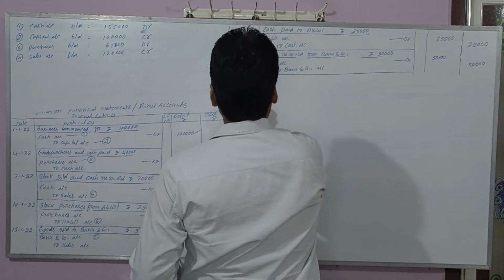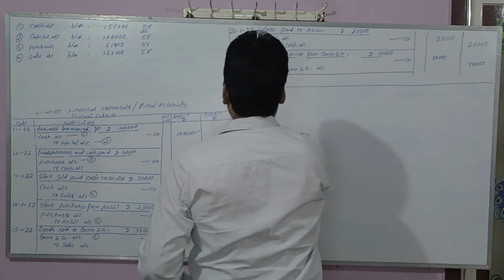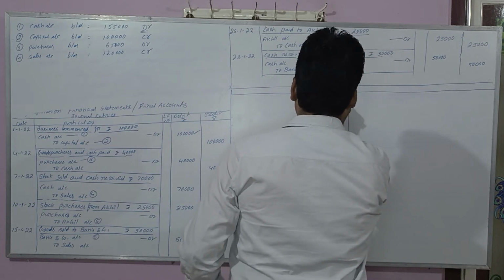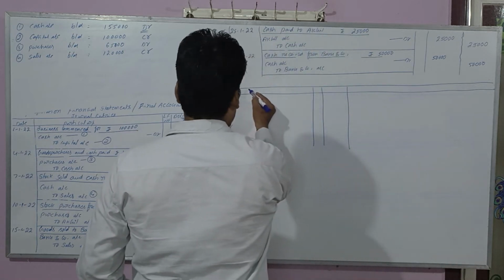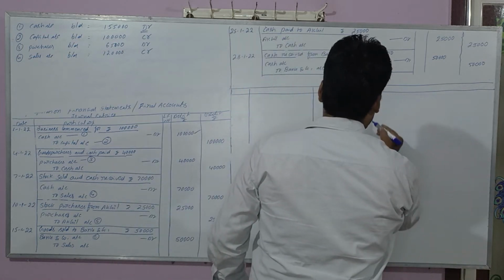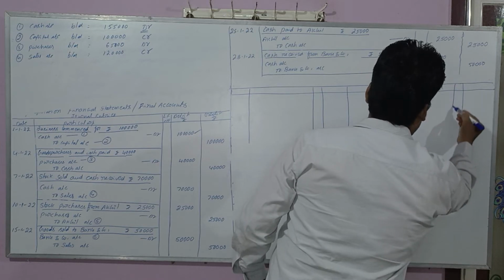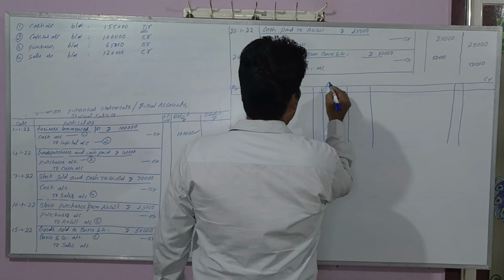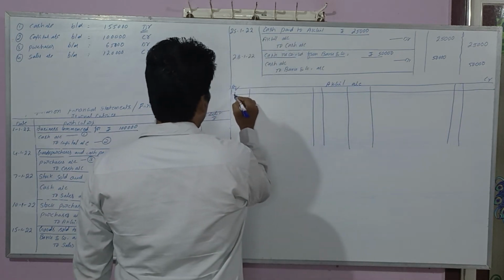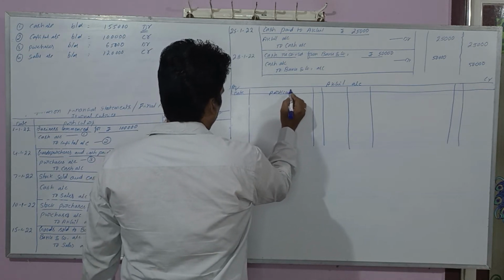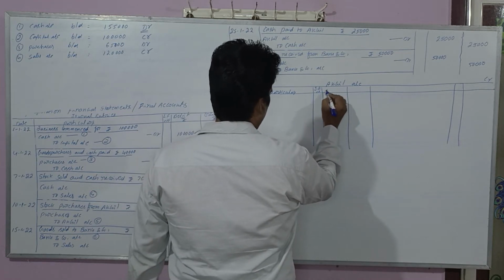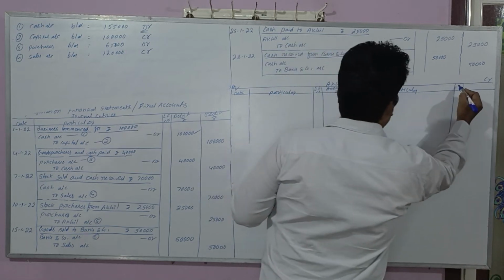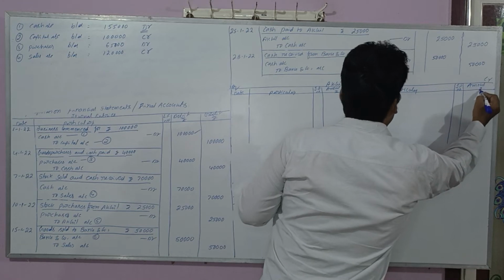Then fifth account is Akil account. So Akil account: date, particulars, JF number, amount rupees, date, particulars, JF number, amount rupees.